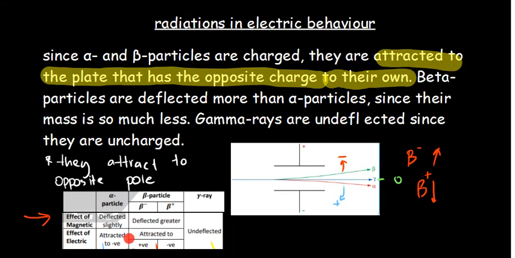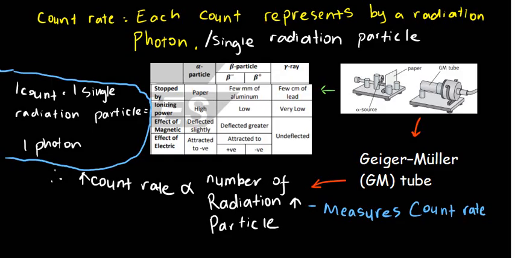You can read all the information in just one table. Next, I want to talk about the Geiger-Müller tube. The Geiger-Müller tube, or GM tube, measures the count rate. A count rate measures the number of radiation particles.